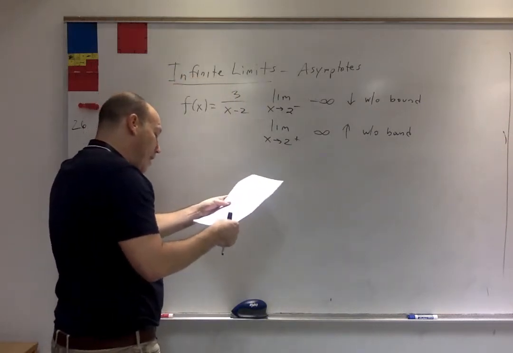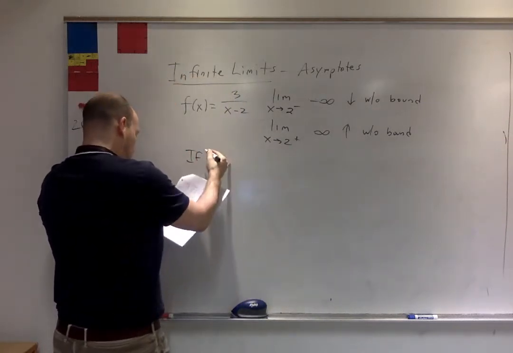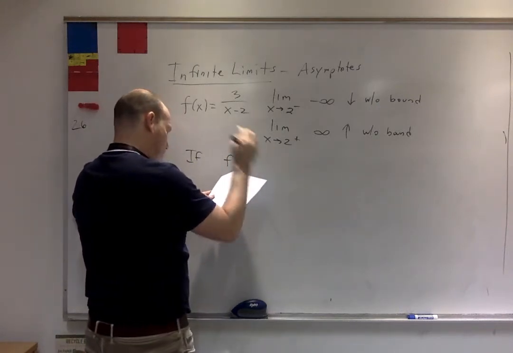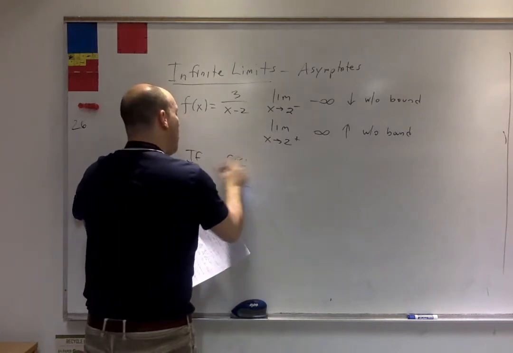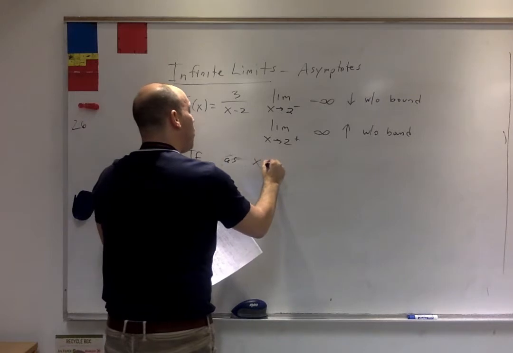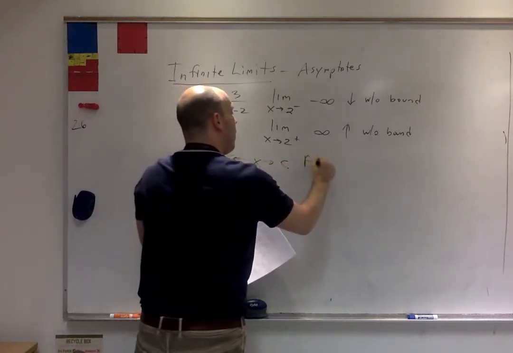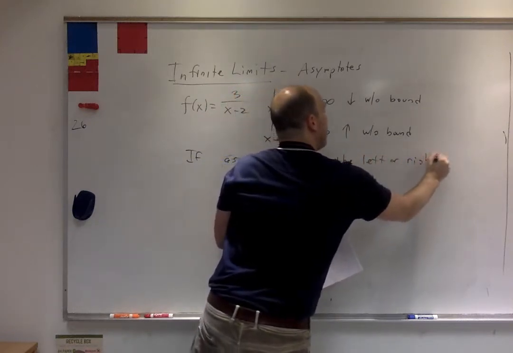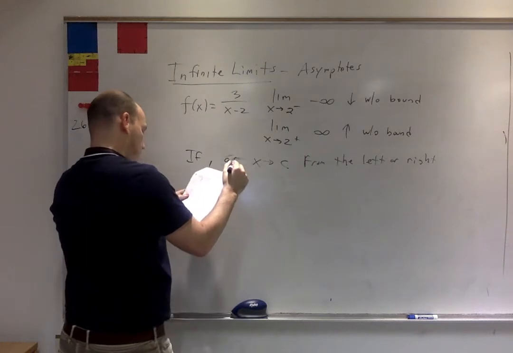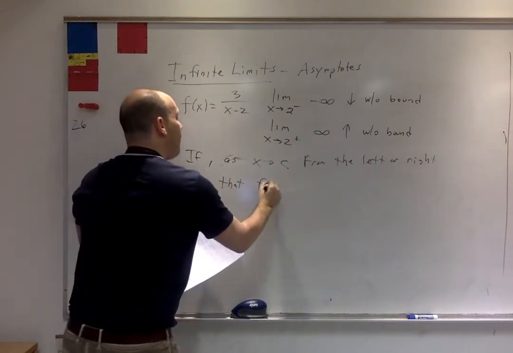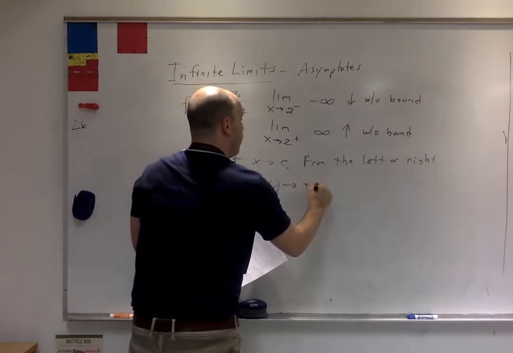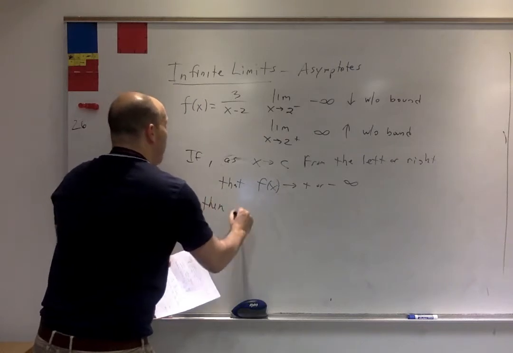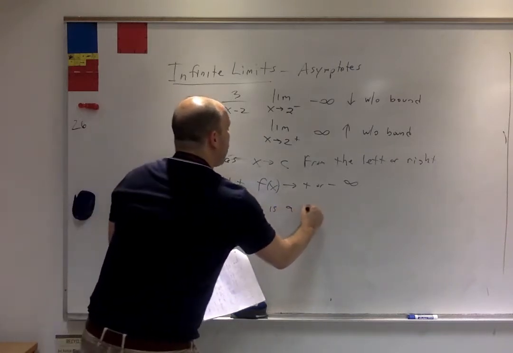But we can say that if, as x approaches c from the left or the right, f of x approaches positive or negative infinity, then x equals c is a vertical asymptote.